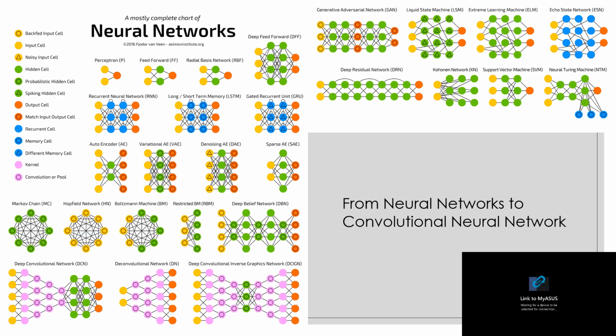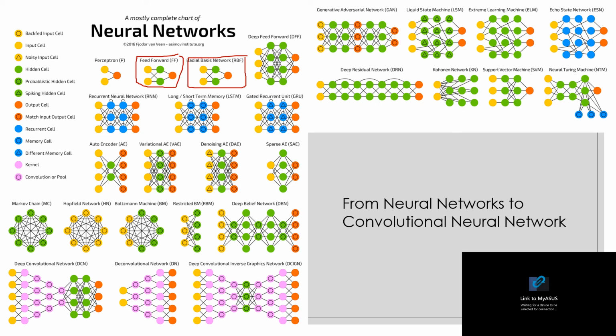After you have learned the neural network, now we are here. There are lots of different combinations of the node models, lots of different nodes, and lots of different connections between different node models.